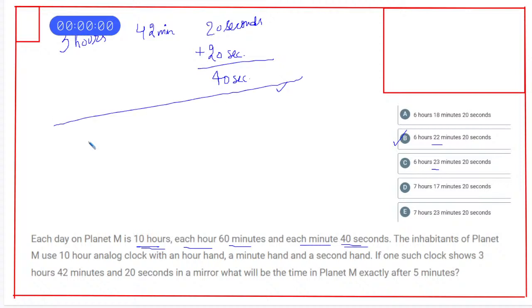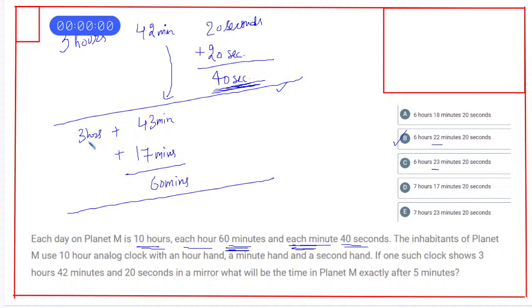Now, if I add 20 seconds in this particular time, I will have 3 hours and 43 minutes in my hand, because 40 seconds is equal to 1 minute. So it would be 43 minutes. Now I have to make it 60 minutes. So I have to add 17 minutes in this case.